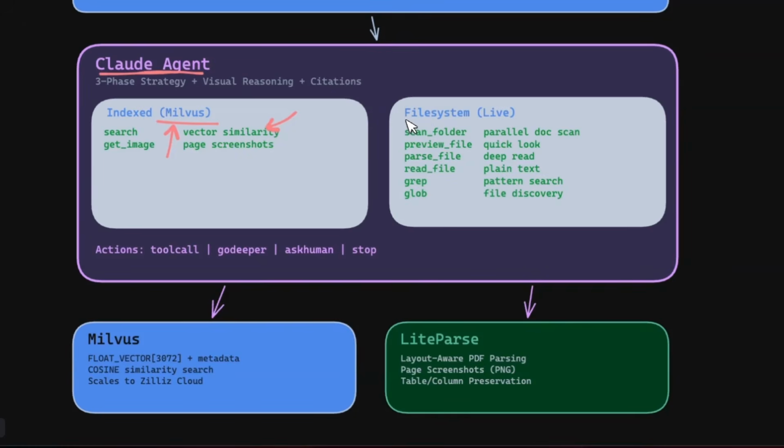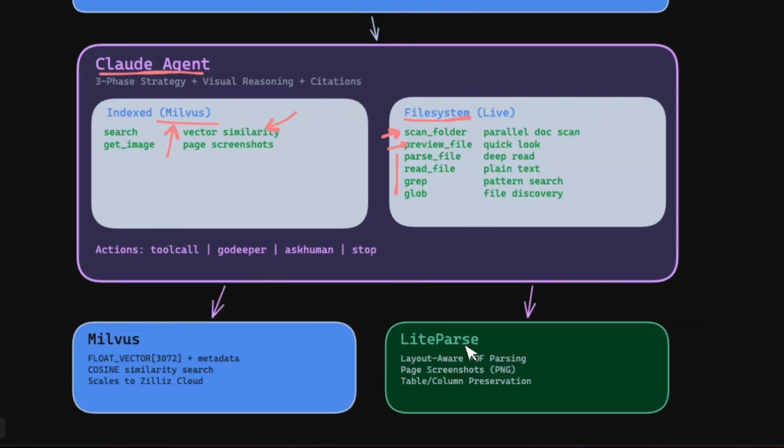And then the second one is simple tools which can use the file system. These tools involve scanning documents in a folder, reading those documents, parsing the documents, and searching for those documents. Think of this as tools that are available to Claude Code when it's doing search for specific code segments.